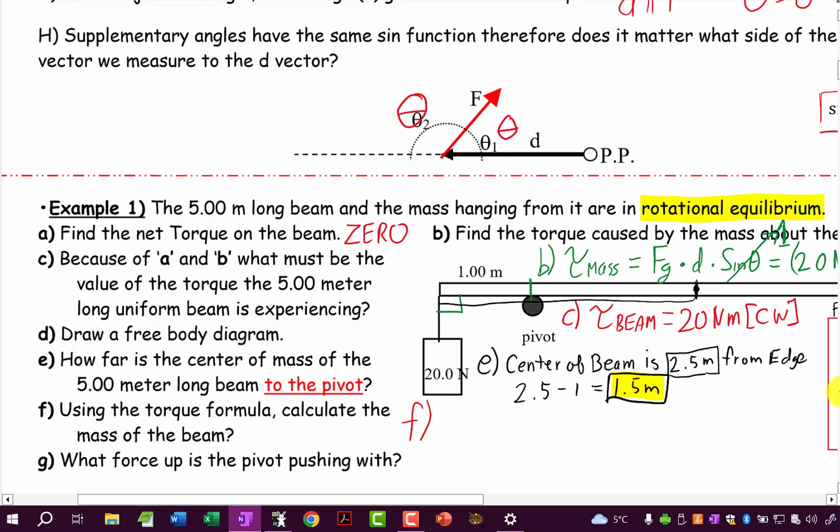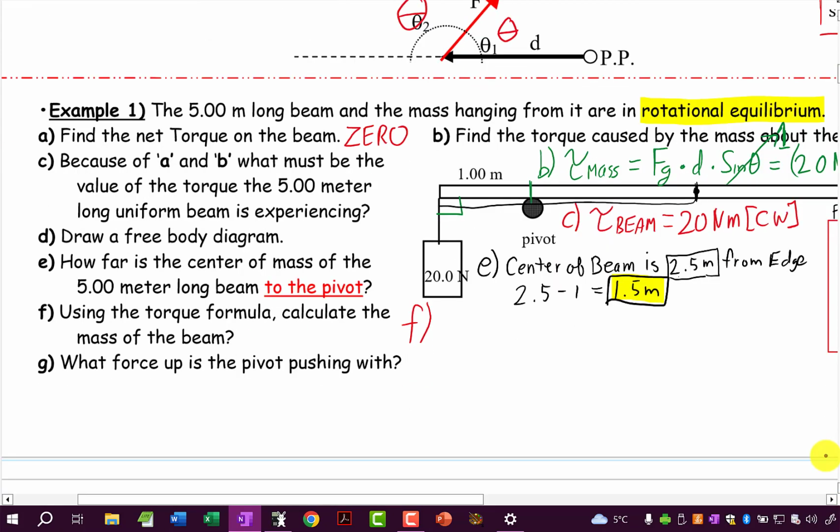And now we'll do F. We'll write down the torque formula for the mass of the beam. Torque formula for the beam is force times distance times the sine of the angle. That's the torque formula. And we're told that the torque of the beam, or we calculated it in C, is 20 Newton meters.